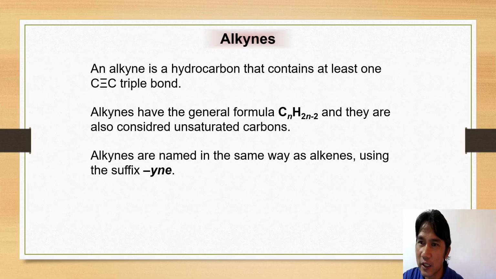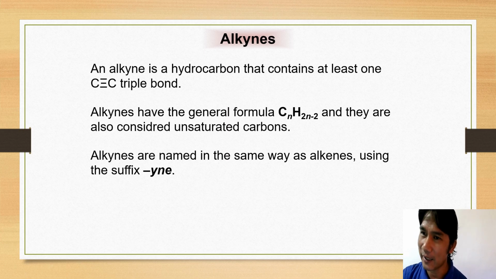Now next is alkyne. Alkynes are hydrocarbons that contain at least one triple bond. Let's recall: alkane has a single bond, carbon to carbon. Alkene has at least one double bond.